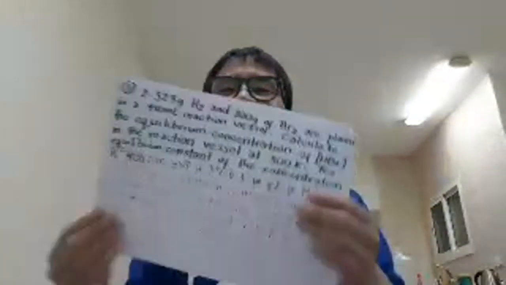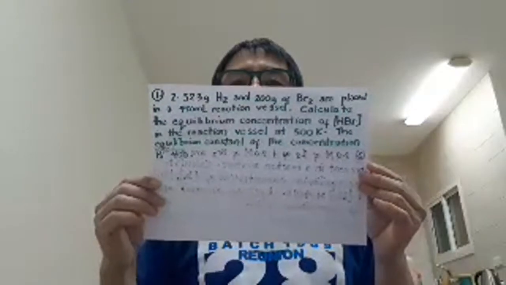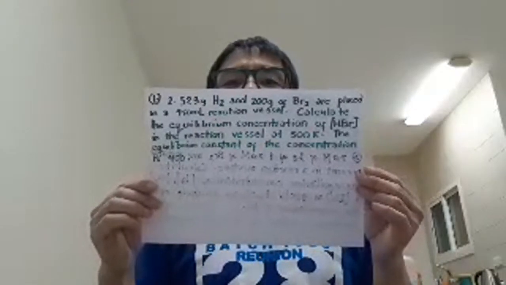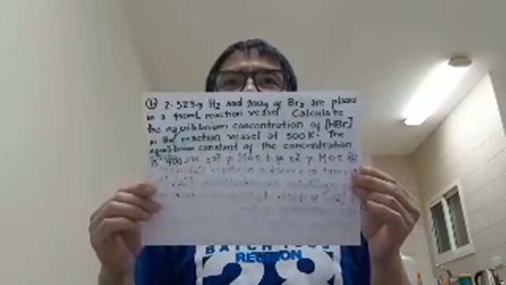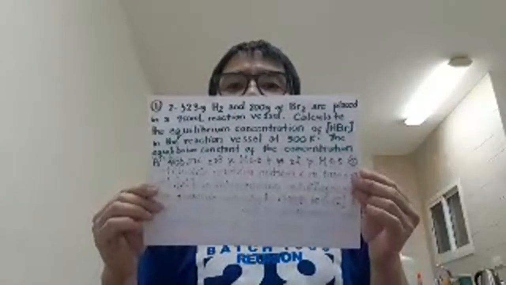Now we will start. You can also get your papers while I am showing, because we now have the basic concepts and theories of this topic, which is the equilibrium dissociation of molecules. Question number 1. I will give you 5 minutes before I read, and then after that I will give another 5 minutes when I read the problem.